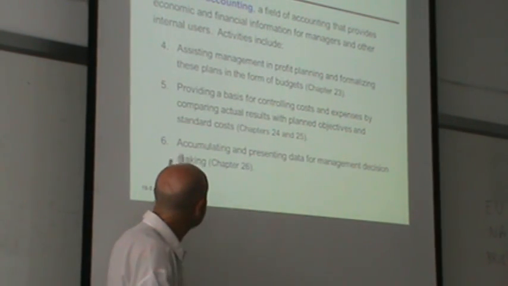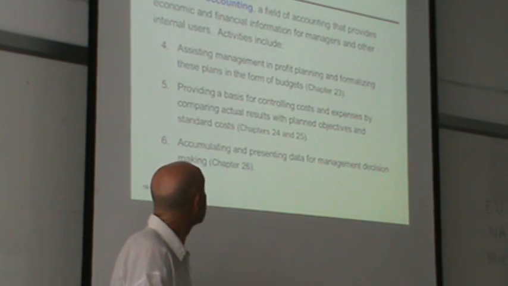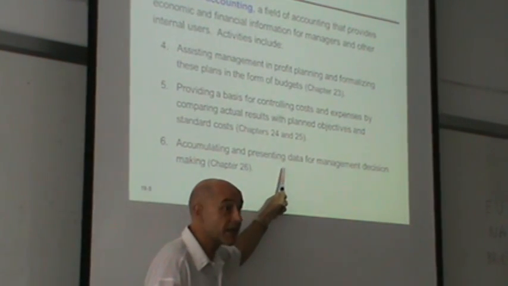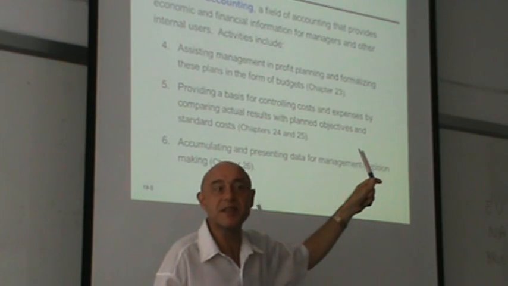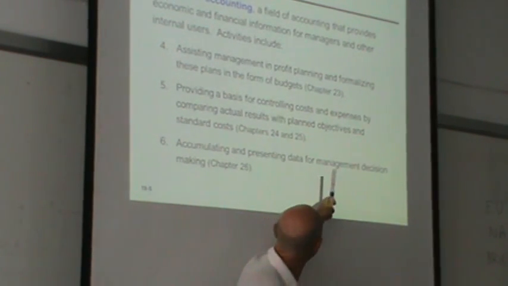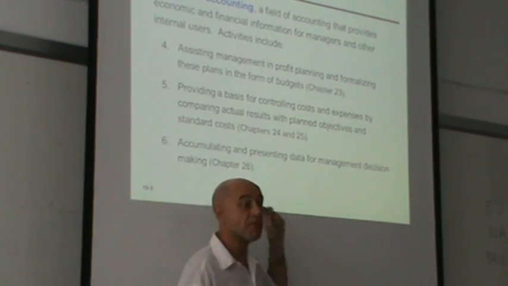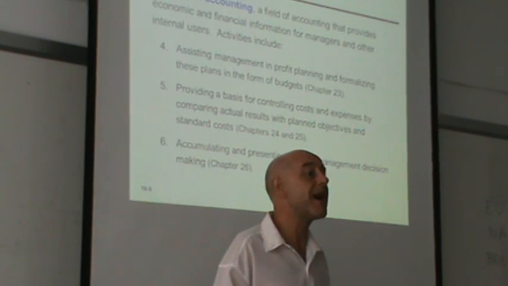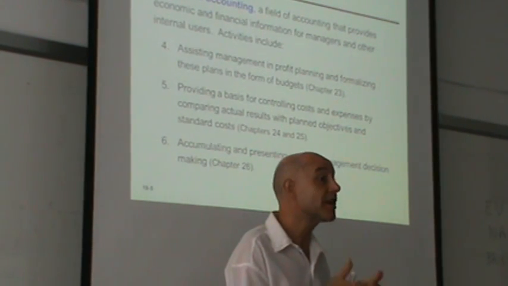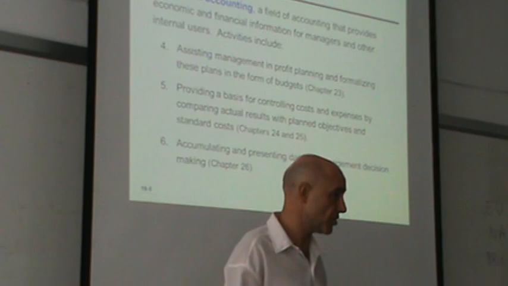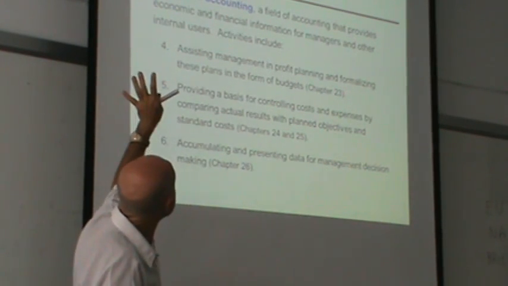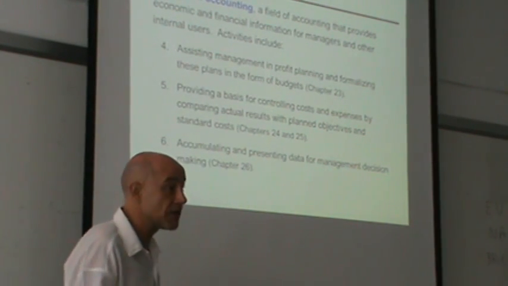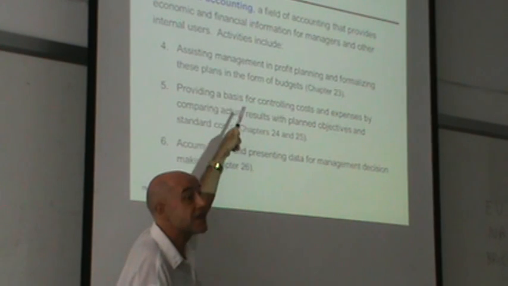So, managerial accounting is about presenting data, and again, I'm repeating it for 10 times already, for management decision making. Everything is about making good business decisions, okay? So, this is what managerial accounting is, and these are some of the main activities.